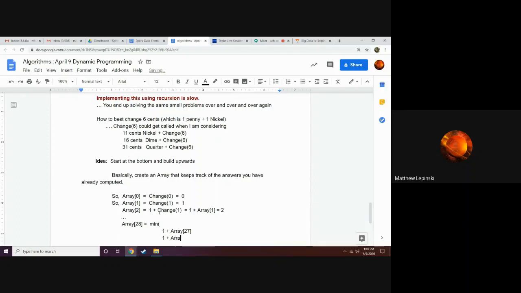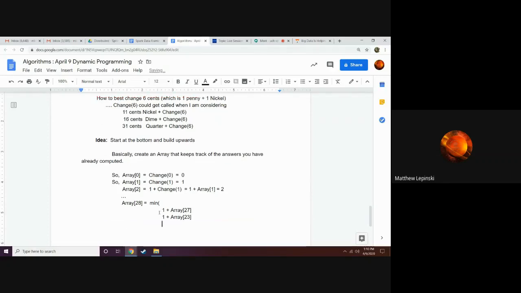That's the penny. The nickel is going to be array 23. The dime is going to be array 18. The quarter is going to be array 3.